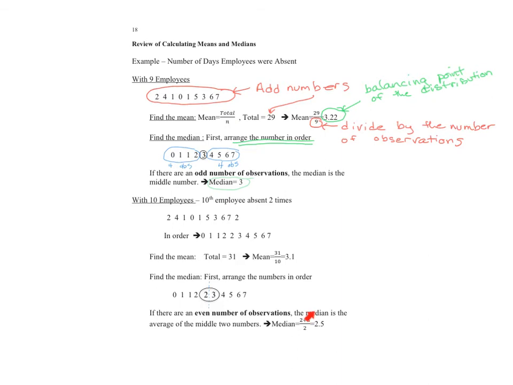So our median is now 2 plus 3 divided by 2. So 5 divided by 2 is 2.5. The mean of 3.1 and median of 2.5 are a little farther apart than before, but they're still fairly close.